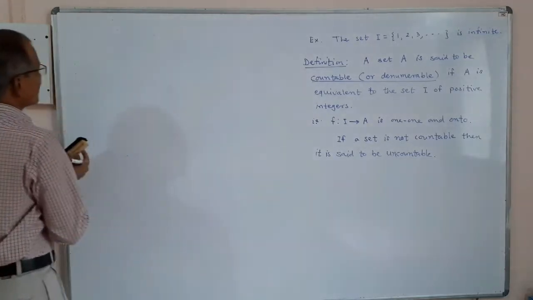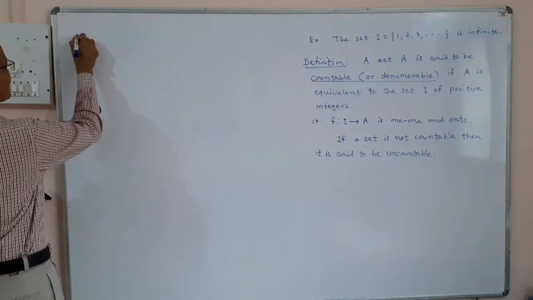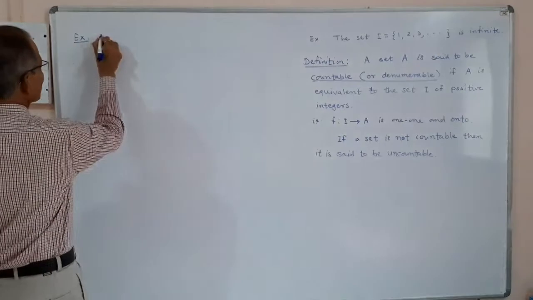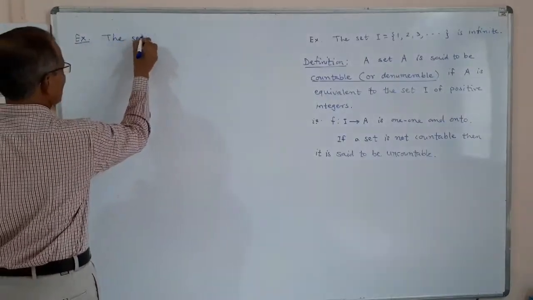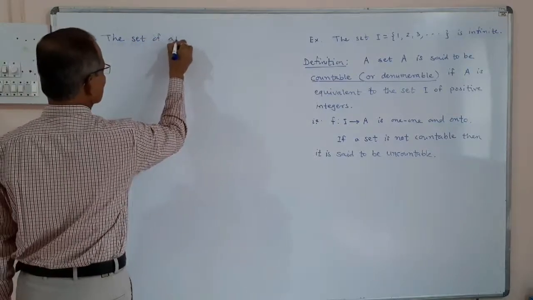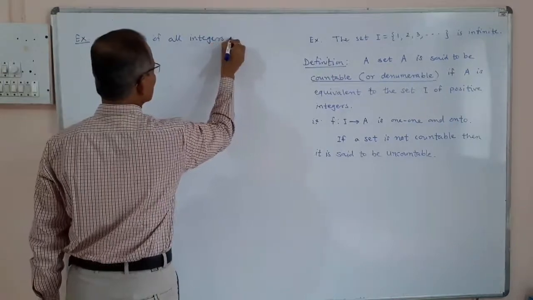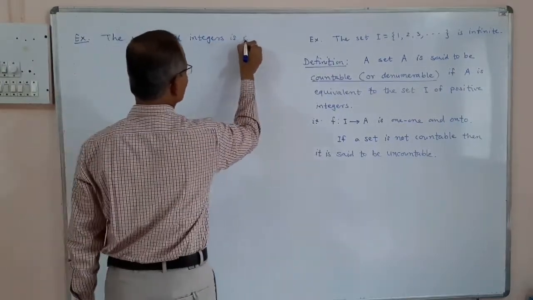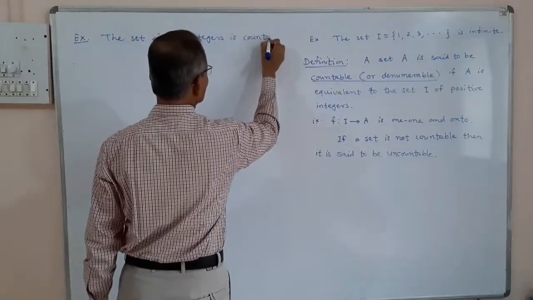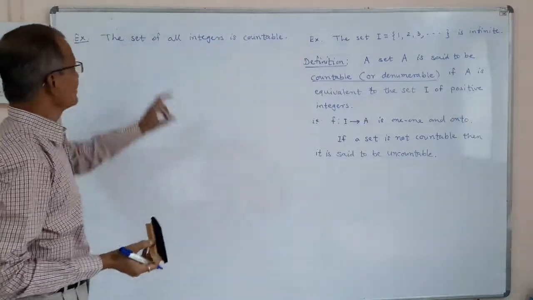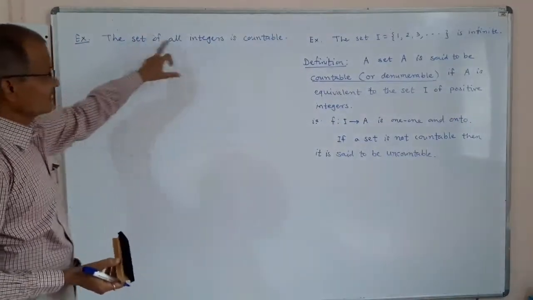Now whether the set of all integers is countable? The set of all integers is countable. Here the verb is not "are", because it is the set. The set is countable.